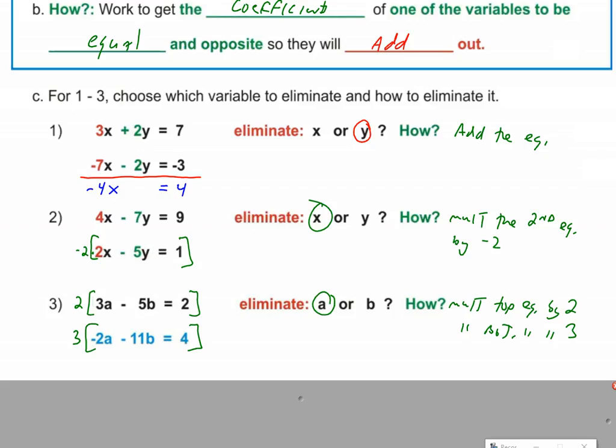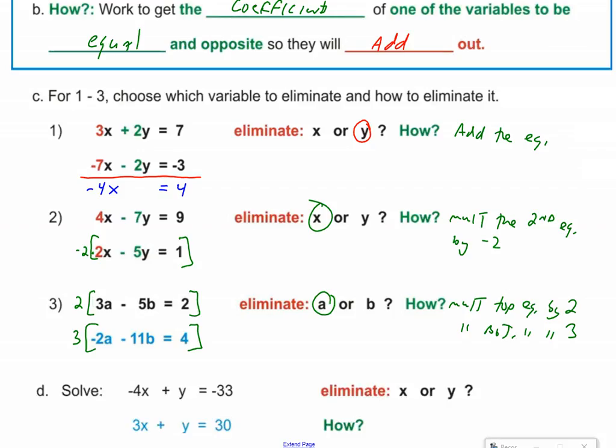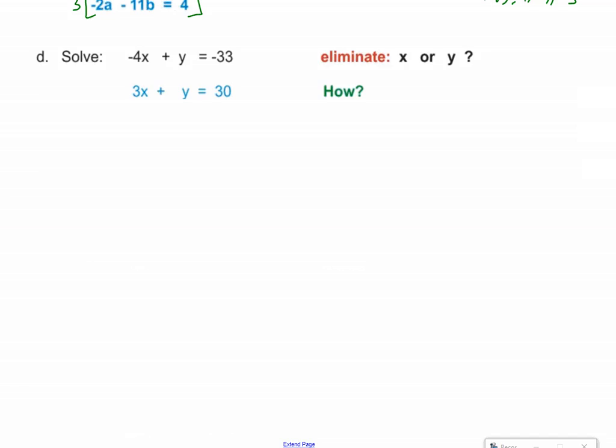Any questions on that? This is how you got to start if you're going to do the elimination method. First thought, which variable am I getting rid of? The x's or the y's, in this case the a's or the b's. Okay, how can I go about getting the x's to be equal and opposite or the y's to be equal and opposite? Okay, so then you're all set to do this next problem, right?